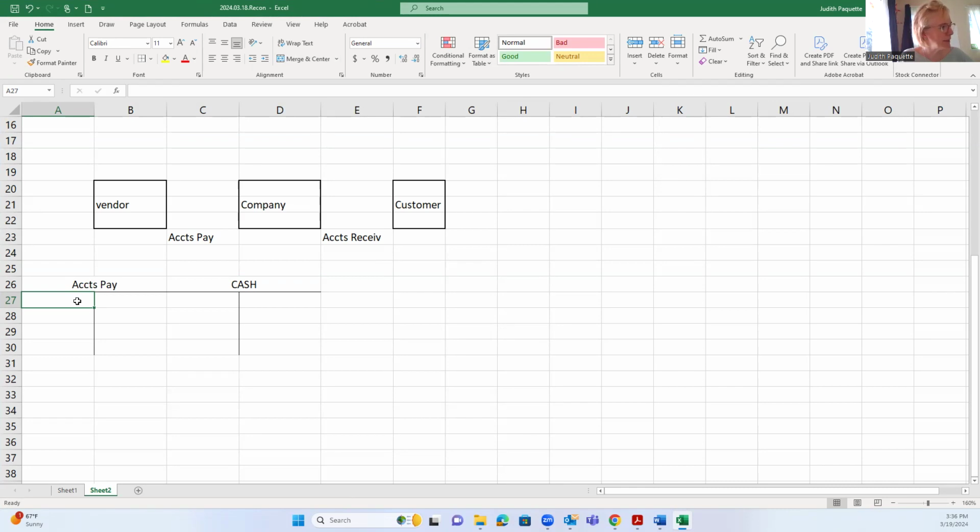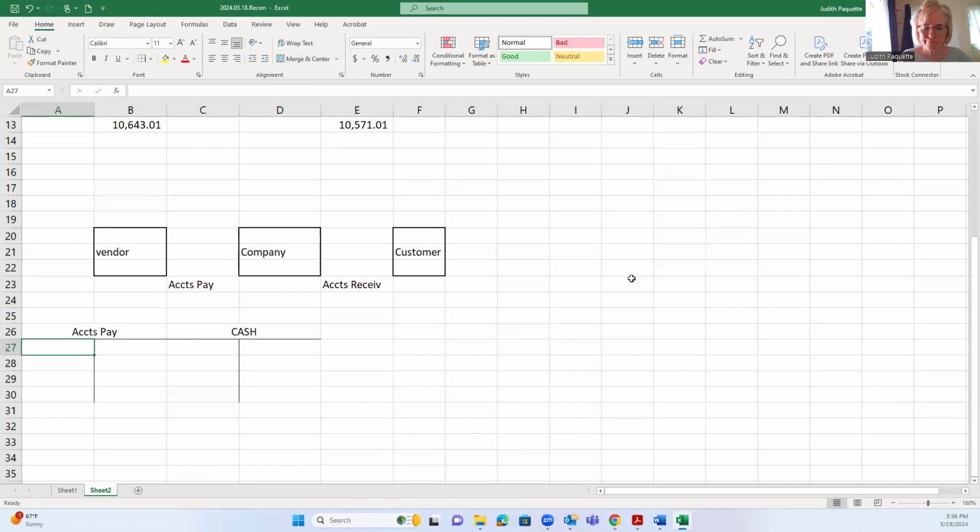Instead of debiting accounts payable 708.62, they debited accounts payable 780.62, and they credited cash 780.62. That was an error. How do they fix this error?